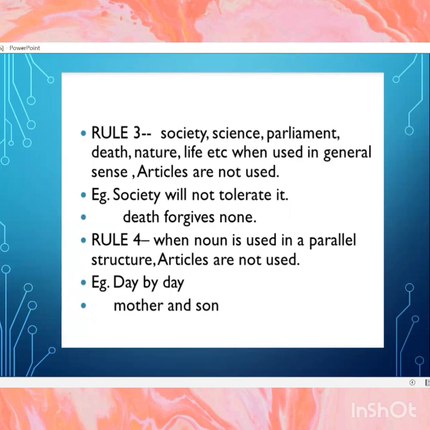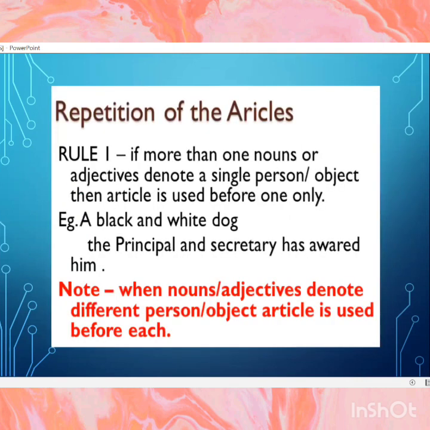For example, society will not tolerate any nuisance. Death forgives none. Rule number 4: when nouns are used in a parallel structure, articles are not used. For example, day by day, mother and son. So these were the rules.